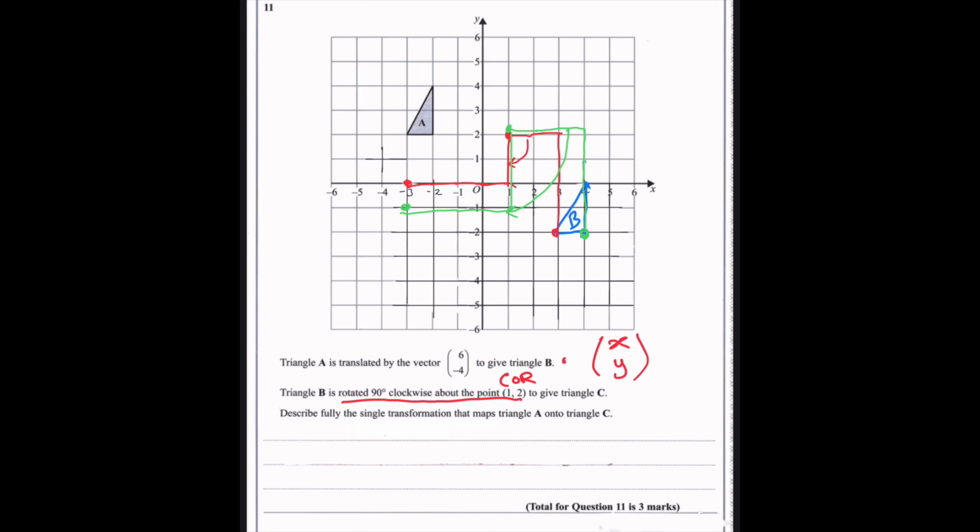And the third point, I'll call that yellow, is going to end up here. I can draw the shape, rotate it 90 degrees, and that ends up there. So I'm going to draw the new shape, which is shape C, which is going to look like this. Then I'm going to rub out my working as I did before.